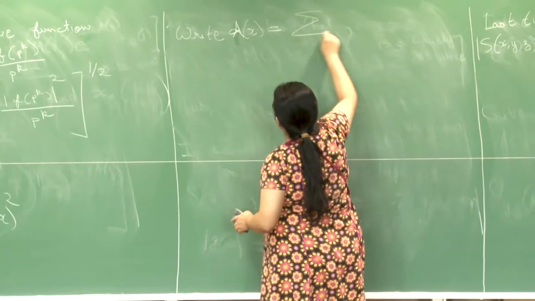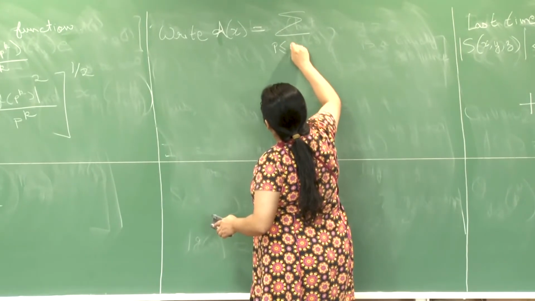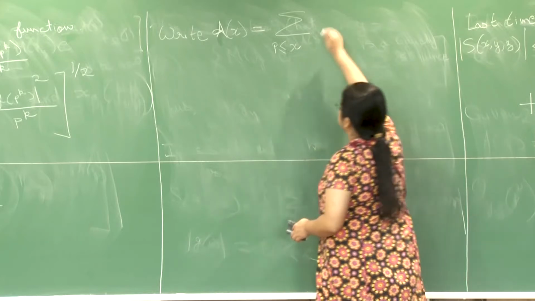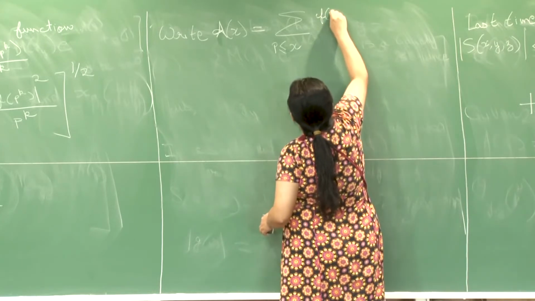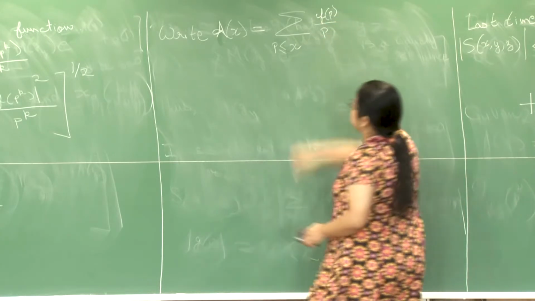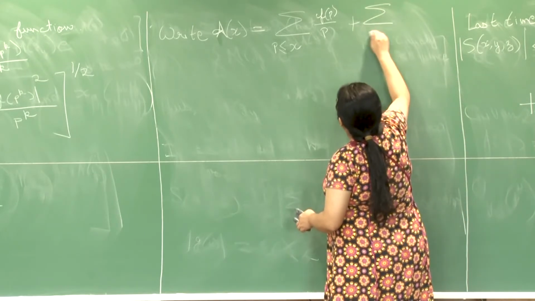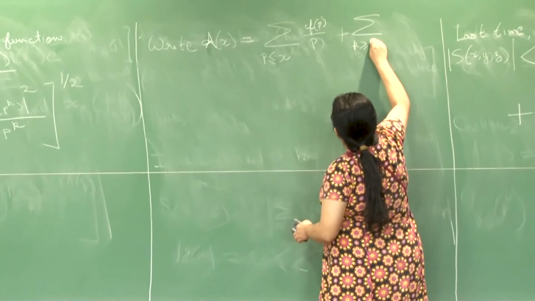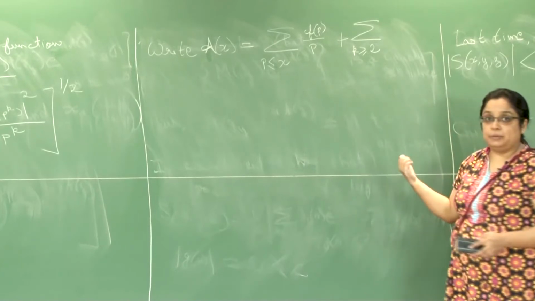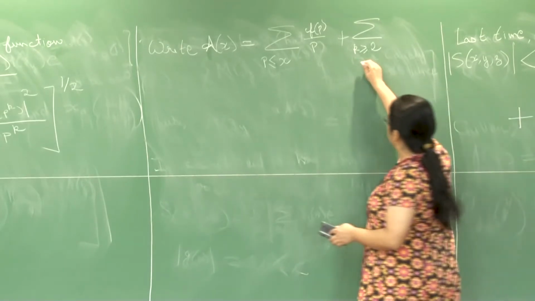First is the sum corresponding to k equal to 1, f of p over p. And then the next part is running over all the prime powers which are proper prime powers. So, k is at least 2.